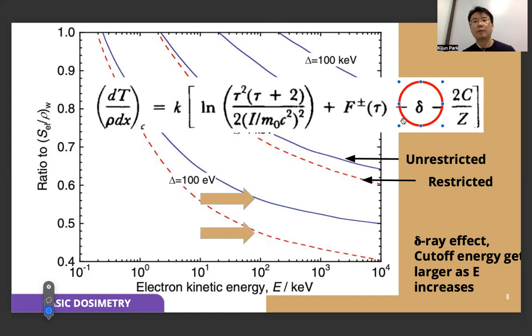Definitely as the energy increases, the delta cutoff energy also increases. That is why the difference gets larger and larger as the beam energy increases.